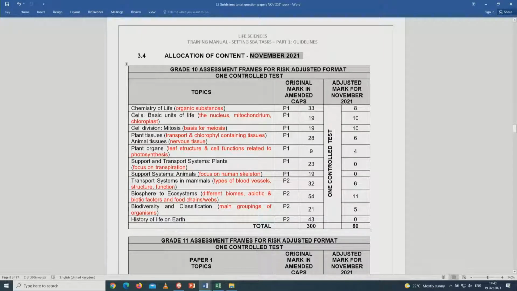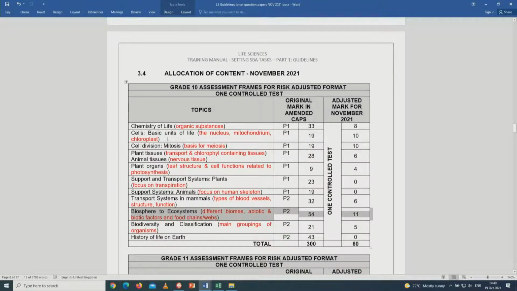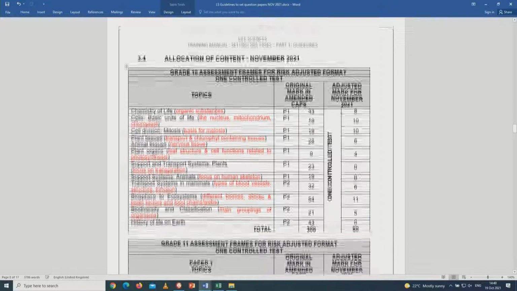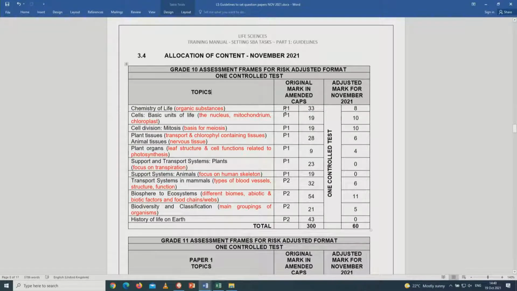For grade 10, for the risk-adjusted format, these are all the topics in CAPS, for that matter in the amended CAPS, for grade 10 for the whole year. And as I said, fortunately grade 10 is divided into paper 1, there you see them, the P1s.